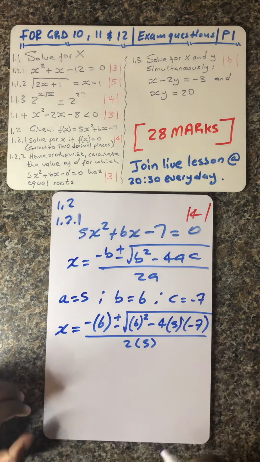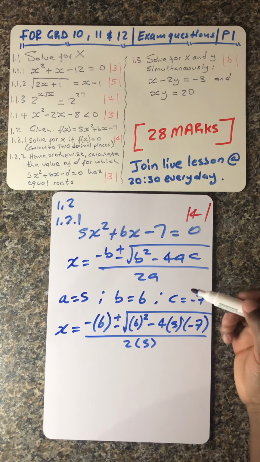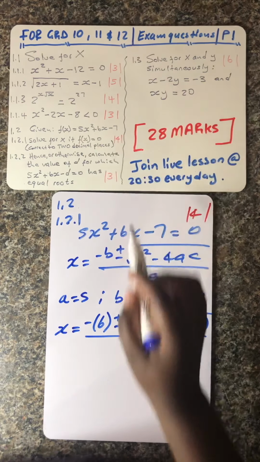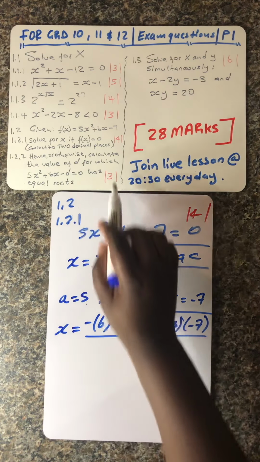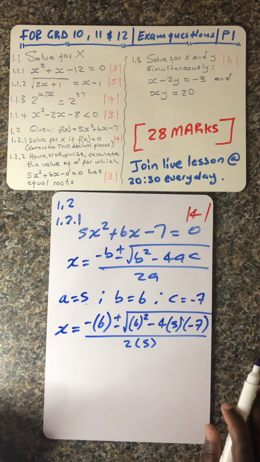Okay, I'm not sure if I've substituted everything correctly, but let's just verify. What matters the most is to always refer to the original equation. So your a, you can see it's 5, your b, it's positive 6, and your c, it's negative 7. It's very much important that you take note of those signs.